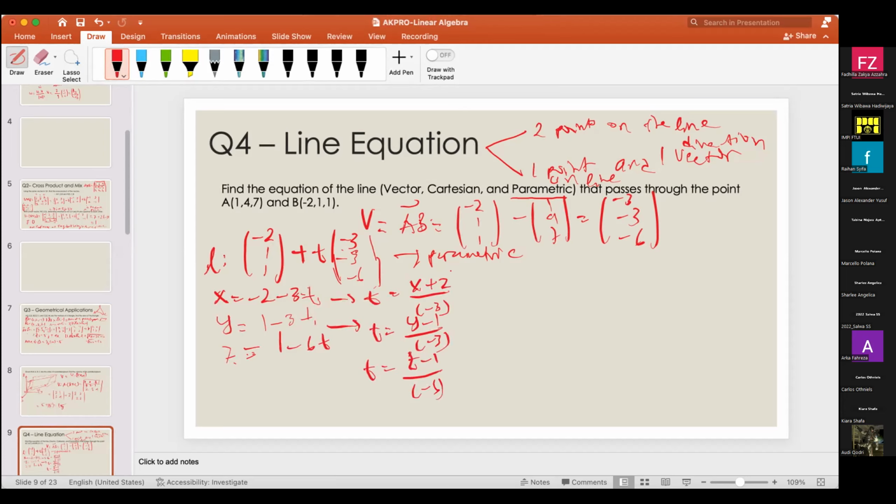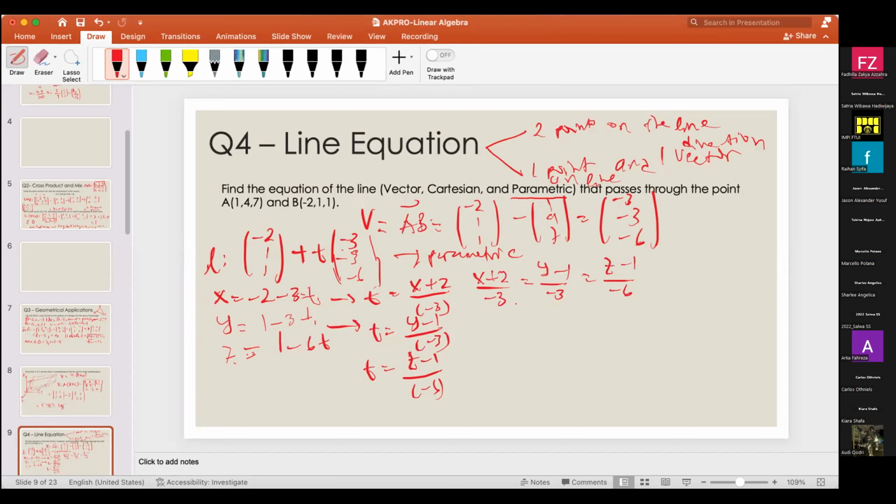Now, all we have to do is equate all these three. And what we're going to get is x plus 2 over -3 equals y minus 1 over -3 equals z minus 1 over -6. If you would like to simplify this, go ahead.